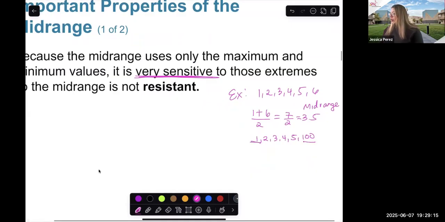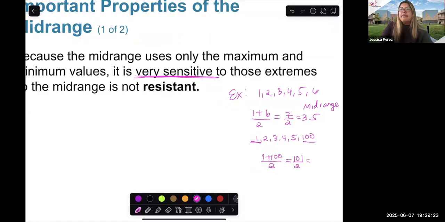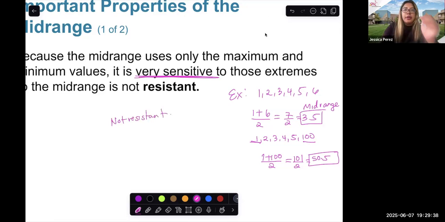I'm going to do 1 plus 100 divided by 2. So that's going to be 101 divided by 2, and we get 50.5. So 50.5 versus 3.5, not resistant. And if I would change my minimum value, that would also change.